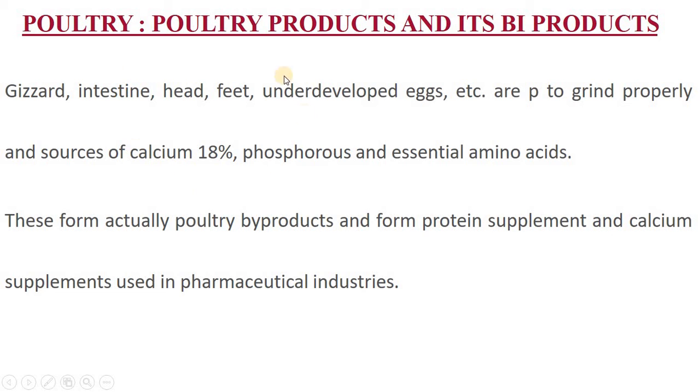So whatever the unwanted products in the poultry, they are used to manufacture protein rich supplements, maybe in the pharmaceutical industries, or directly given as fish meal or pig meal, or for the preparation of tablets which are a rich source of proteins.